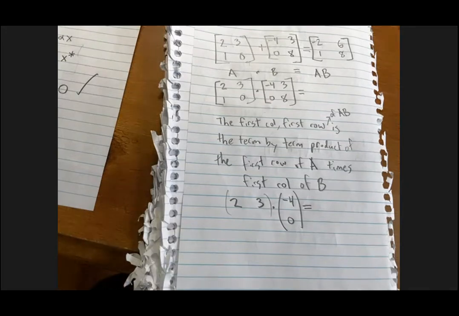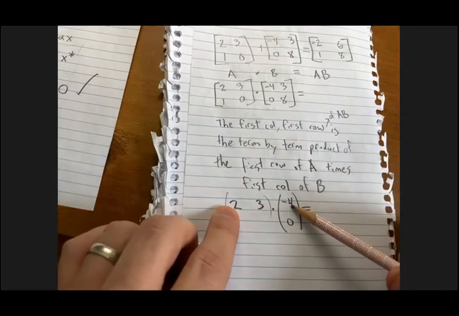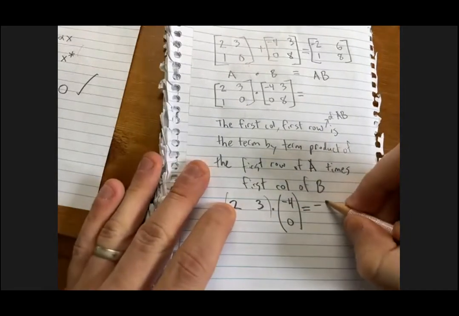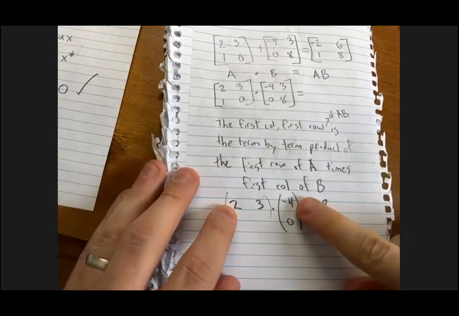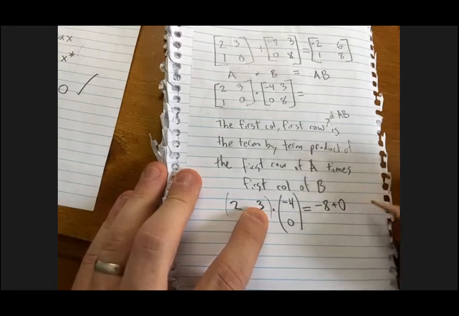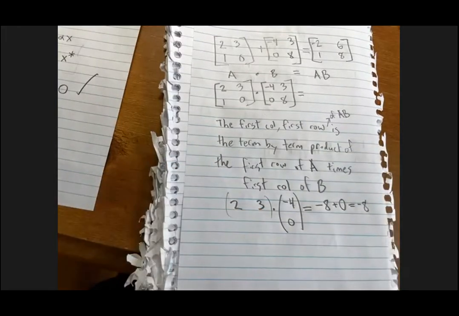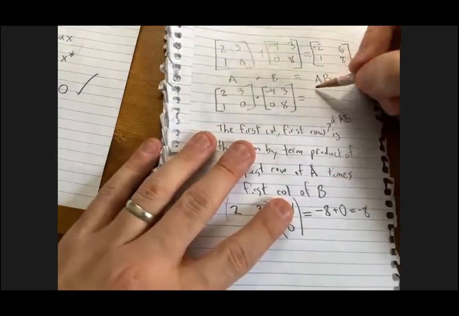That's the answer. So what would it be? I need to take 2 times -4, and I'll get -8. Now I'm not done. I also have to take 3 times 0, get 0. The answer is -8. So that is what goes in the first row, first column of AB: -8.